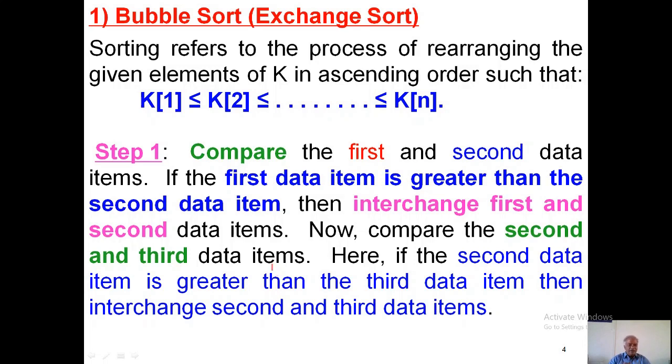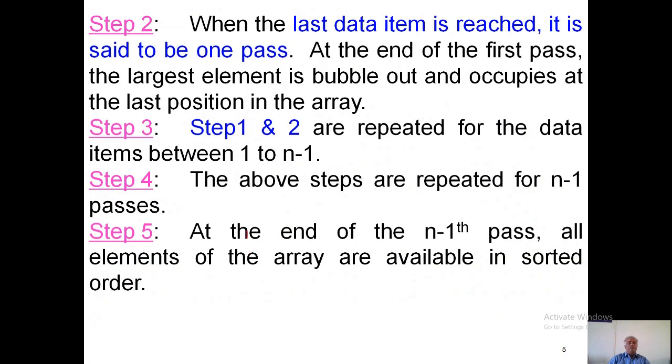I will explain the same thing through an example. Compare the first and second data elements. If the first one is greater than the second, then interchange; otherwise, no need. When the last data item is reached, it is said to be one pass.